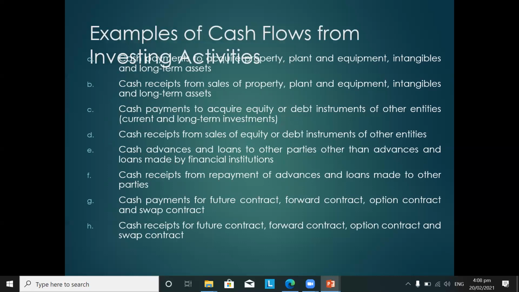So basically, based on the definition, lahat ng pag-acquire or pag-purchase at lahat ng pagbebenta or pagdi-dispose ng long-term assets. Ano yung sample ng long-term assets natin? We have your property, plant, and equipment. We have your intangibles. So lahat ng pera na pumapasok or lumalabas involving those kind of assets will be presented as investing activities.